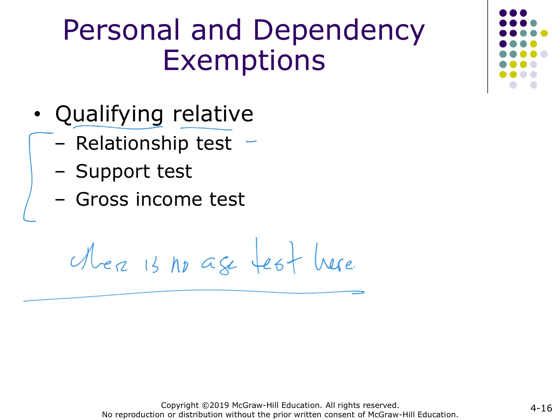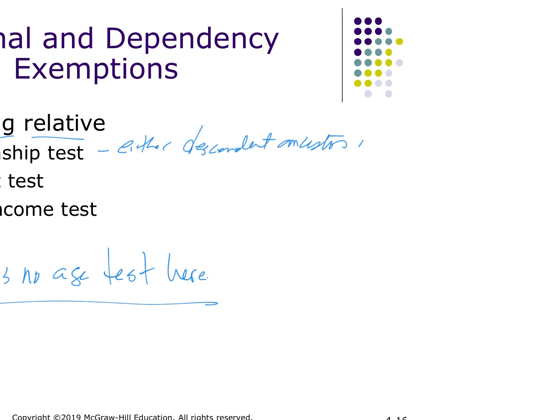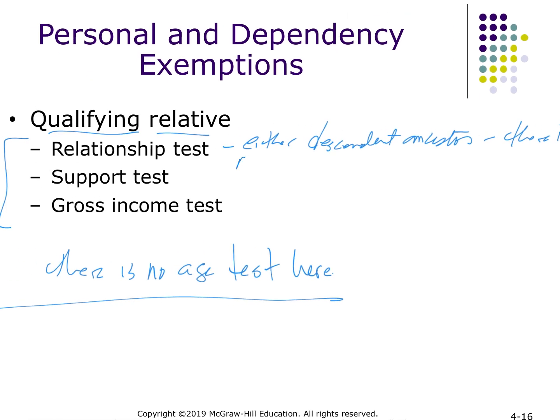If you pass the relationship test and you're either a descendant or an ancestor, there is no residence test, okay?